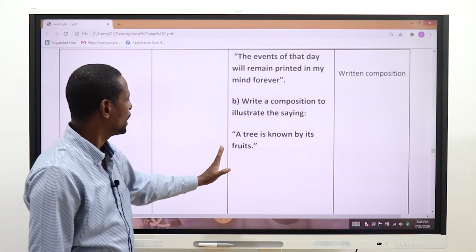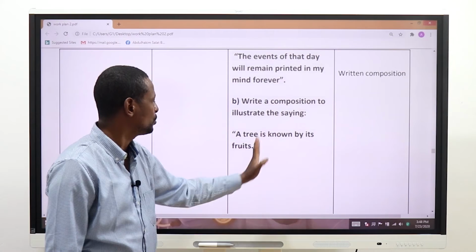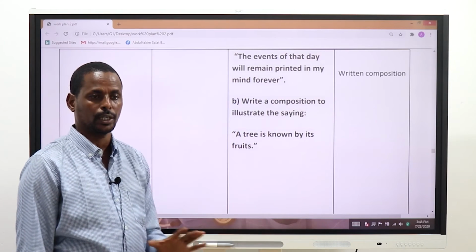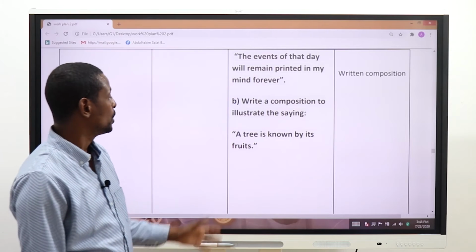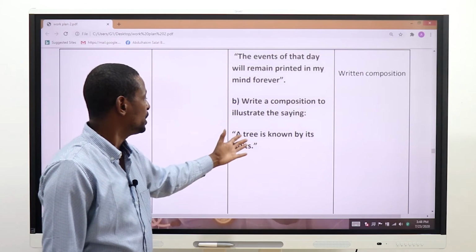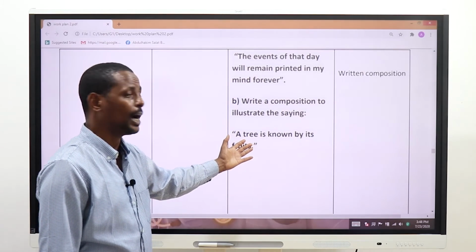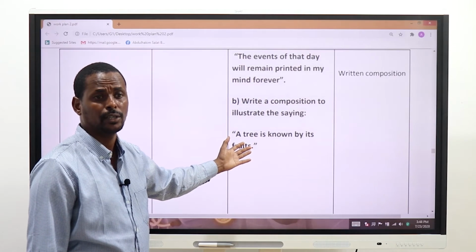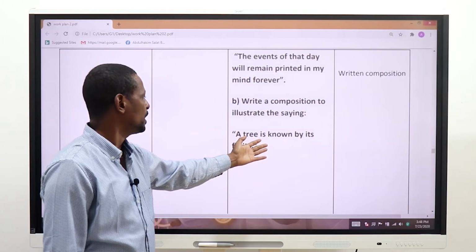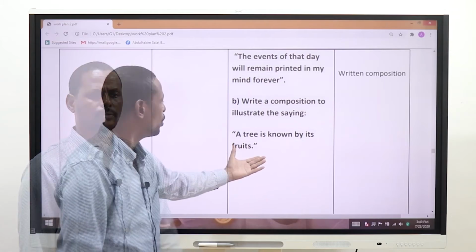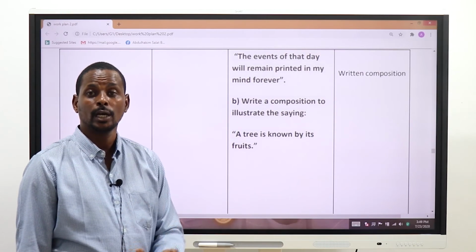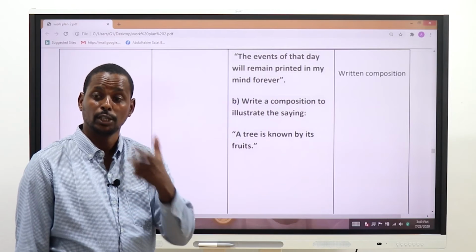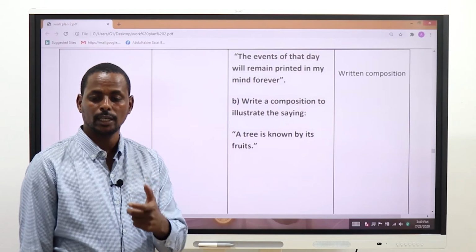He can say a tree is known by its fruits, or he or she can choose to say, I disagree. I hardly believe in the idea that a tree is known by its fruits. But he must give genuine, tangible reasons that persuade you so much that you say yes.